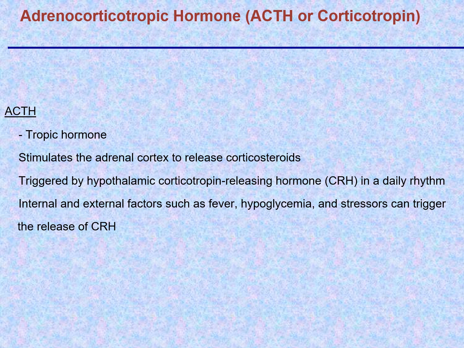Similarly, ACTH is a tropic hormone, and it will stimulate, as I said, the adrenal cortex, the cortical part of the adrenal glands, the outer part of the adrenal glands, and stimulate them to release corticosteroids. And again, it's under the influence of a releasing hormone from the hypothalamus called CRH, or corticotropin releasing hormone.